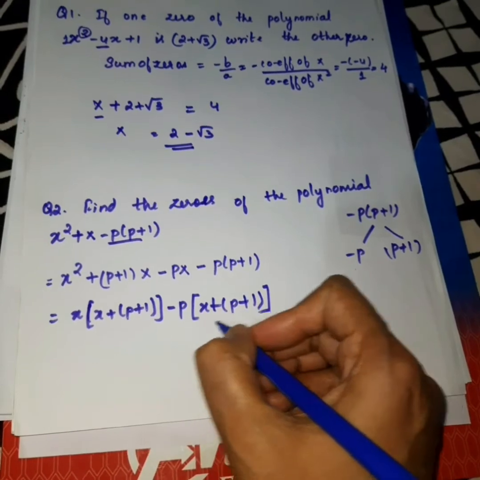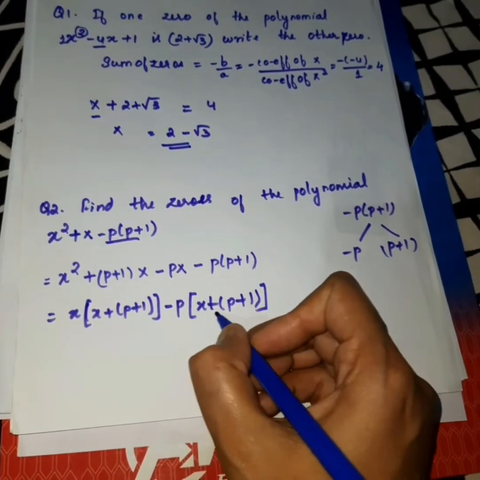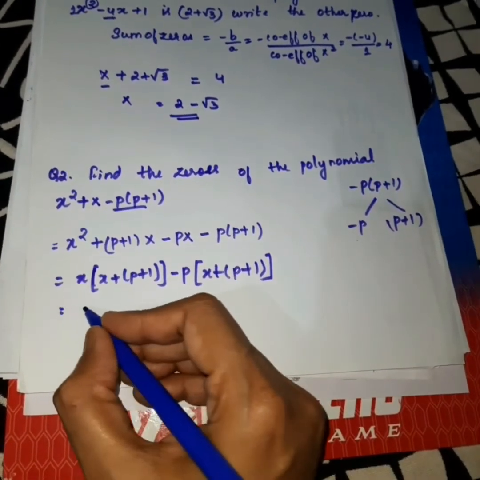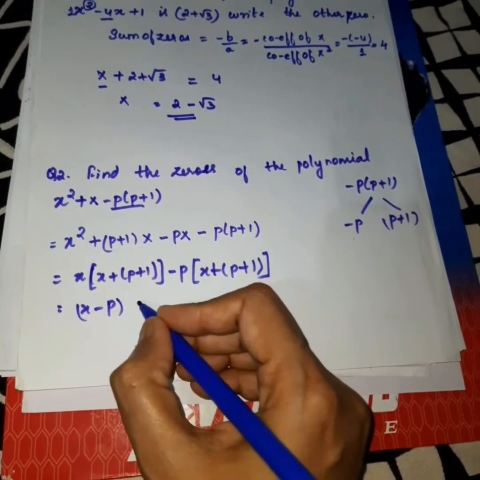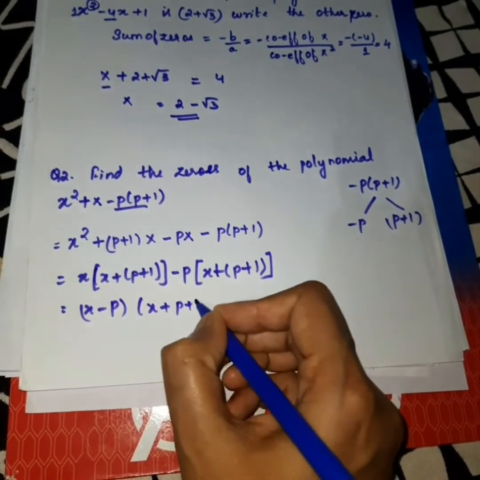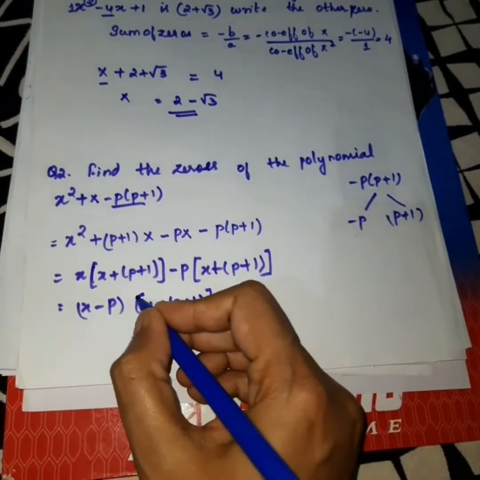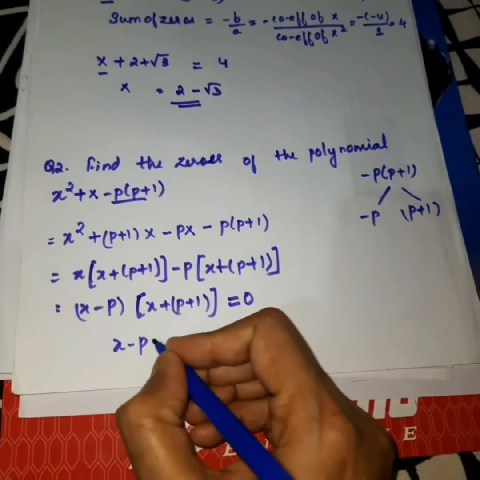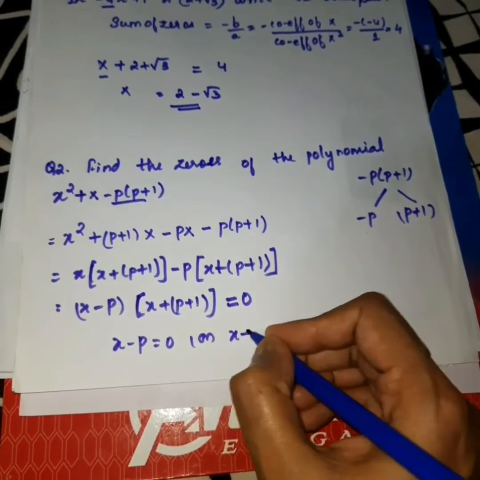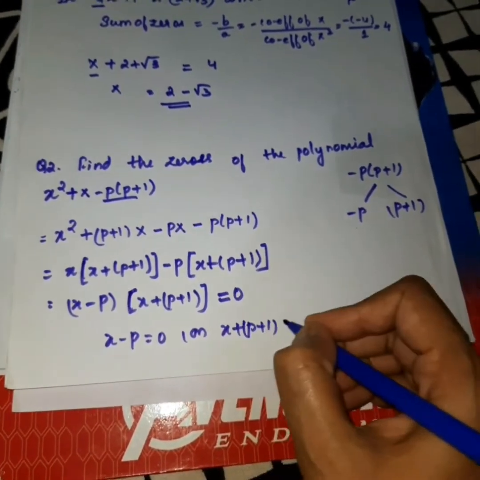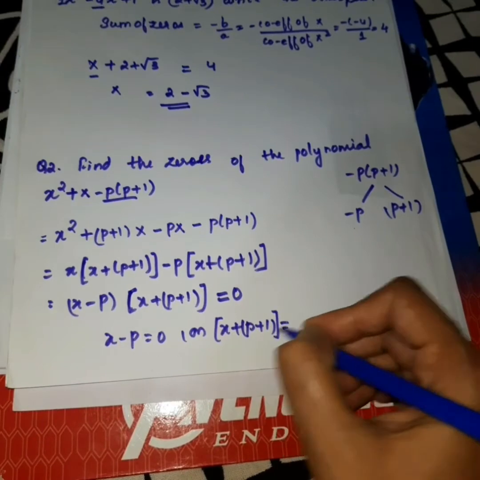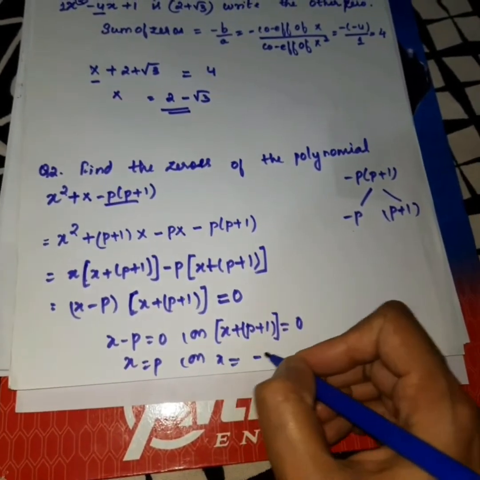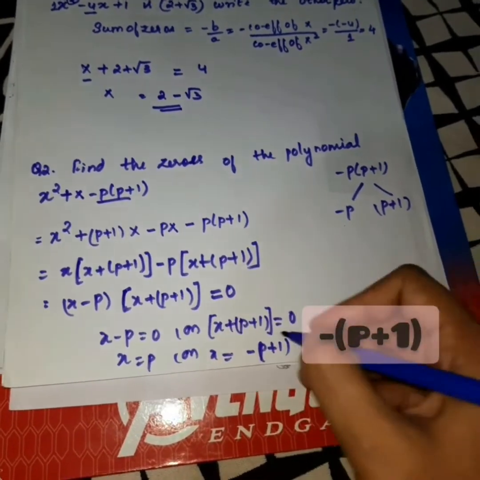So one is x minus p and the other factor is x plus p plus 1. To get the zeros, we have to equate this polynomial to 0. So x minus p equals 0 or x plus p plus 1 equals 0. So the value of x is p or x equals minus of p plus 1.